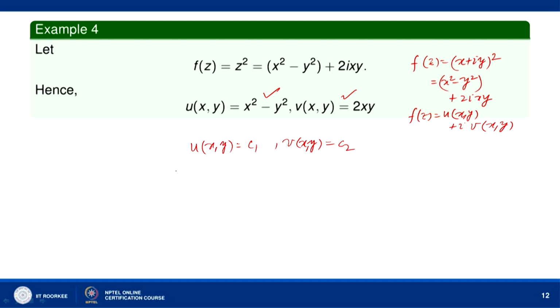You can see that this is x square minus y square equal to C1 and this is 2xy equal to C2, or you can say xy equal to some other constant C3. Okay. So, this is a family of hyperbolas and there is also a family of hyperbolas. Okay. And each member of one family cuts each member of the other family at right angles.